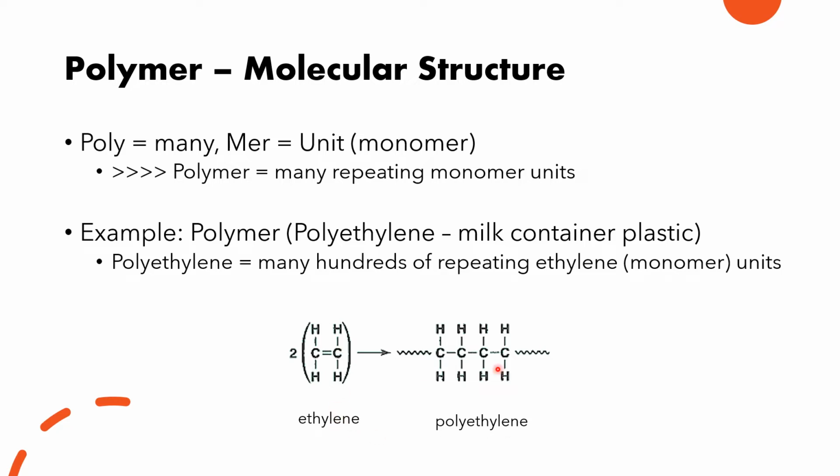The monomer ethylene is all wound up in chains, very, very long chains. So polyethylene has many hundreds of repeating ethylene monomer units, okay? And we call that a polymer. We commonly call it a polymer chain.